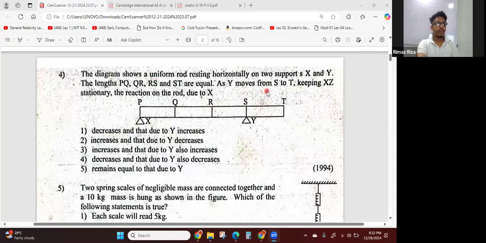As Y moves from S to P, keeping X stationary, the reaction on the rod due to X.